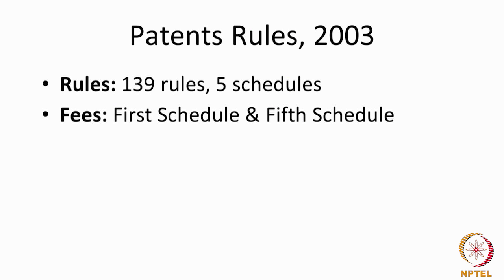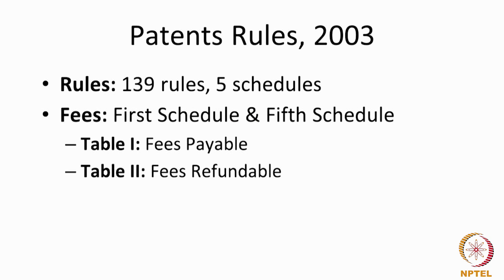The first schedule and the fifth schedule deal with fees, the official fees that have to be paid before the patent office when an application is prosecuted. Table 1 talks about fees payable for various events. Table 2 talks about the fees that are refundable, and we are talking about the first schedule. The first schedule is further classified into Table 1 and Table 2.